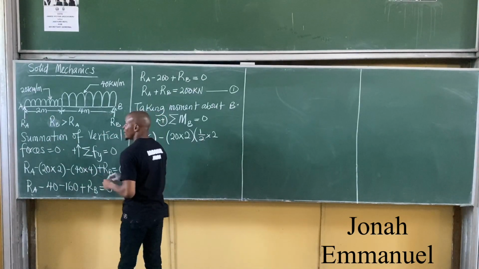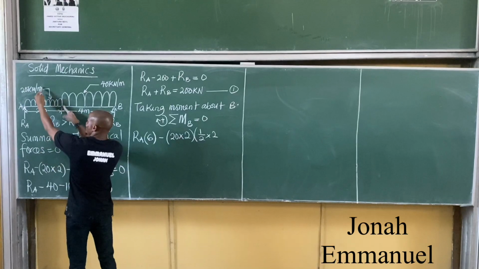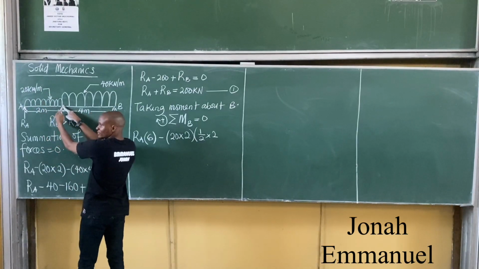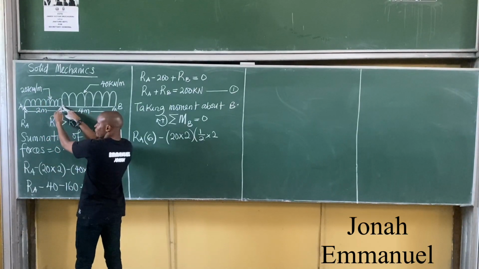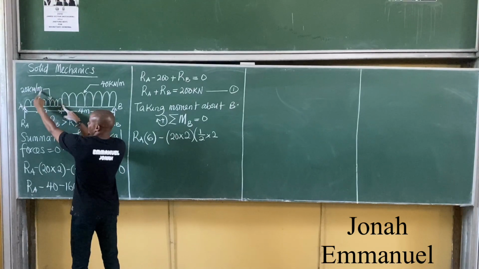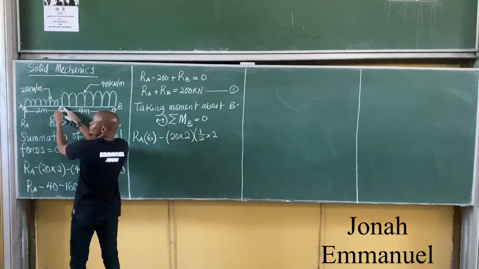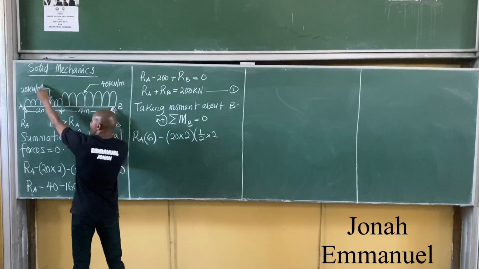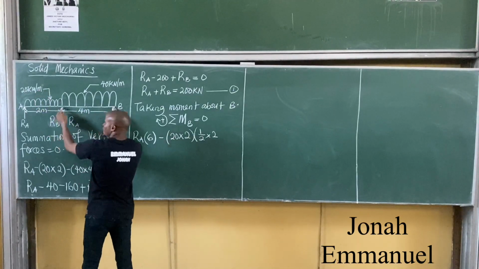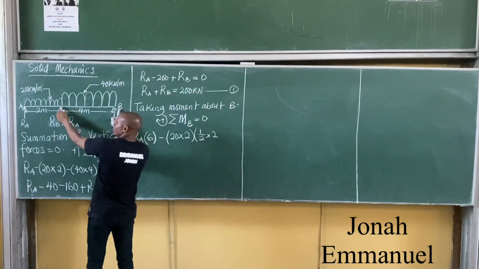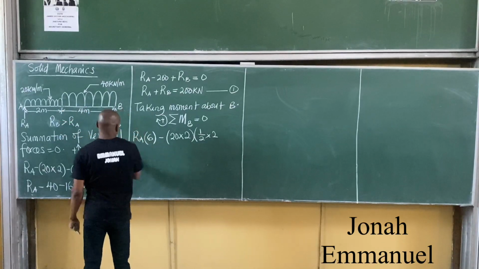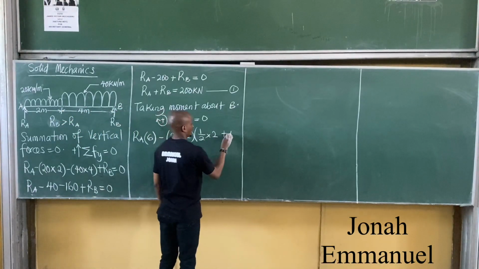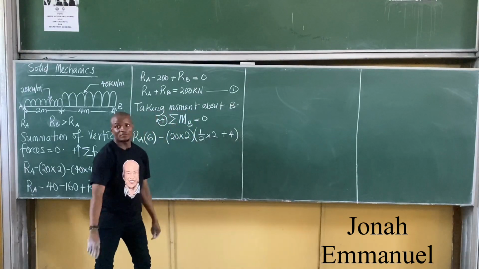Now observe, half of 2 means from here to the center of the UDL. But think about this point here, not this one. So it becomes half of 2, from here to this point, plus this one again, plus 4. And that's the 5 I was saying.